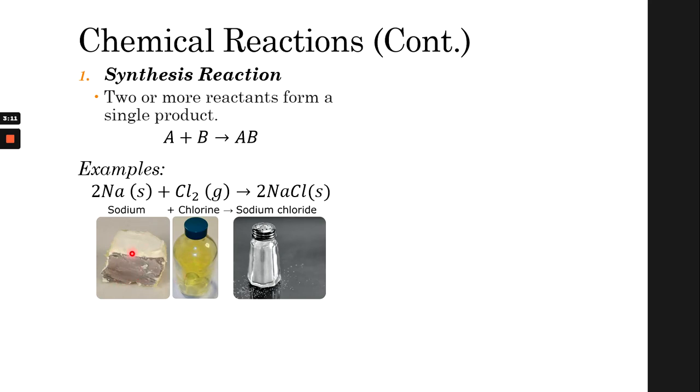One interesting thing about chemical reaction is that it changes the properties of your beginning substances. For example, sodium is a very reactive element. If you throw sodium into water, you can actually create an explosion because it's very reactive, while chlorine gas on its own is very toxic. Inhaling chlorine can be very dangerous to yourself.